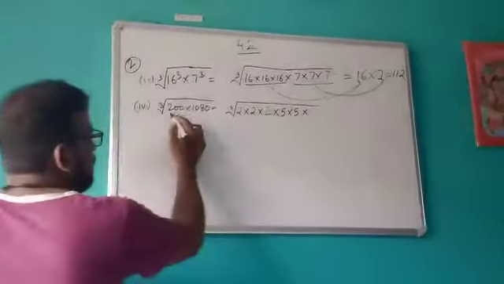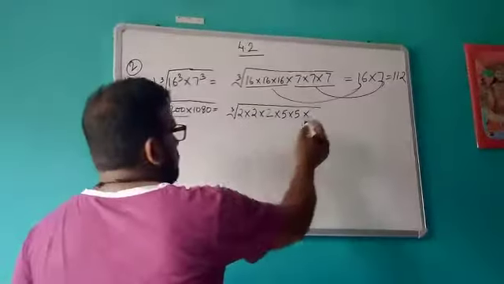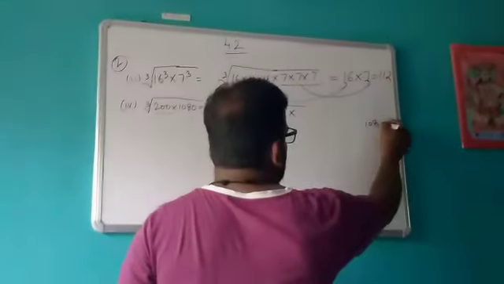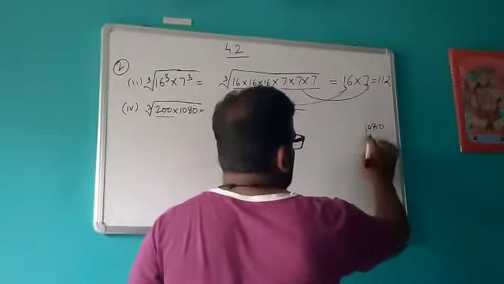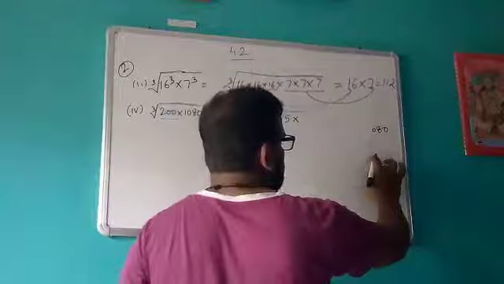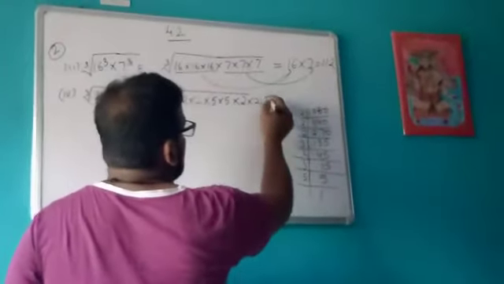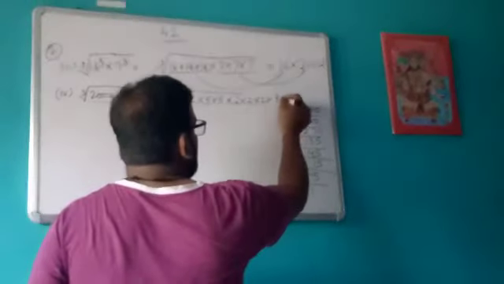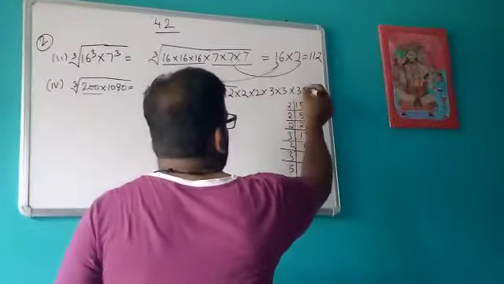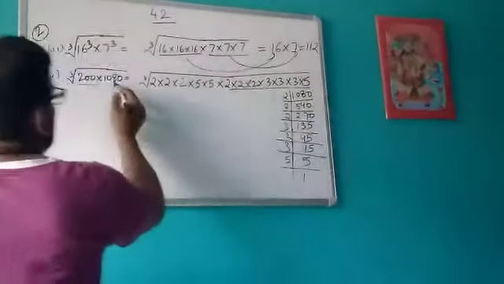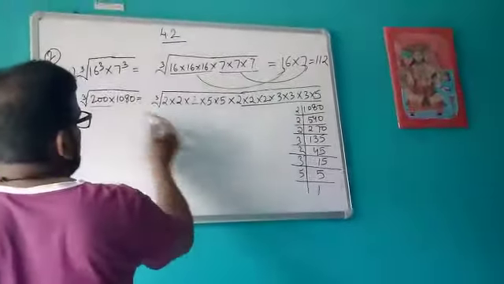Okay, this is the prime factorization of 200 and prime factorization of 1080 we will do. So we will write the prime factorization of 1080 like this. Okay, so this is the prime factorization of 1080 and this is 200.